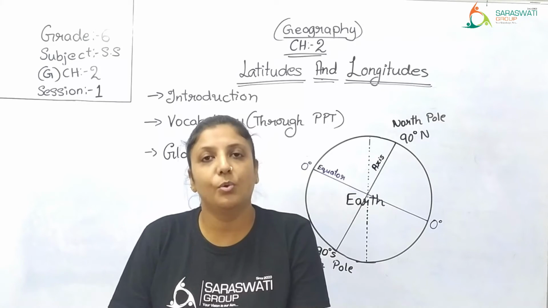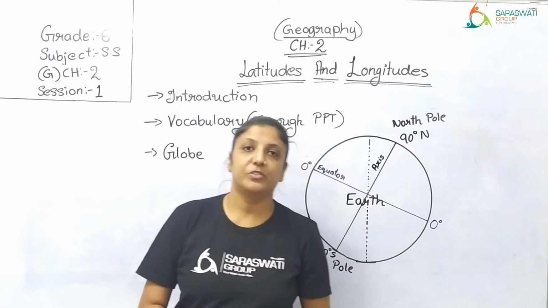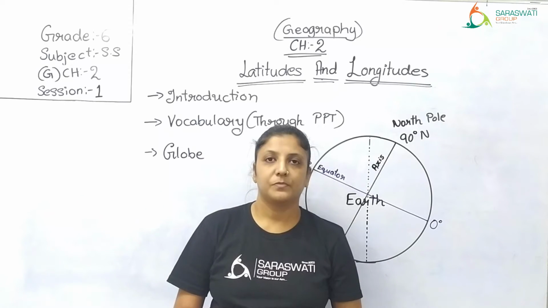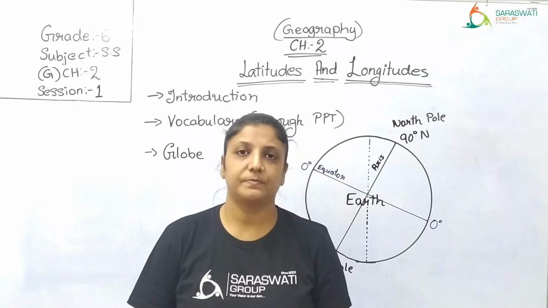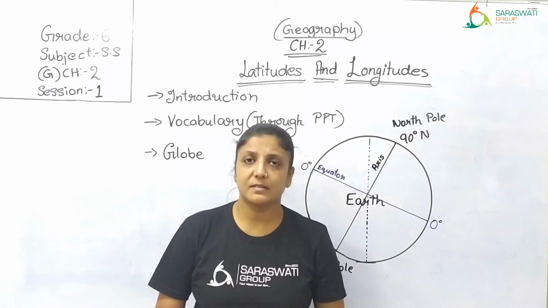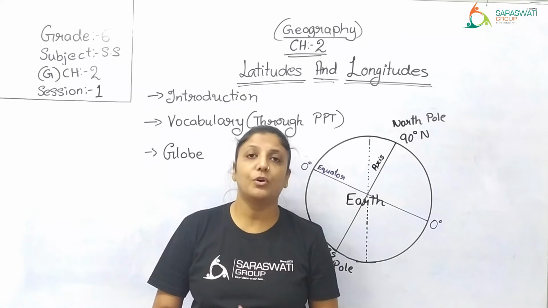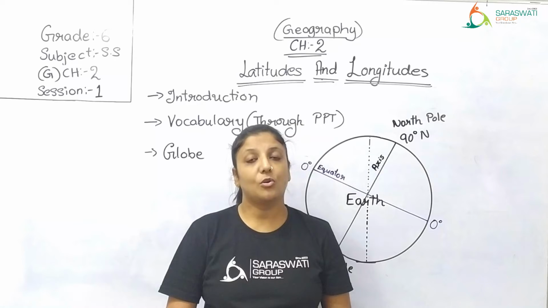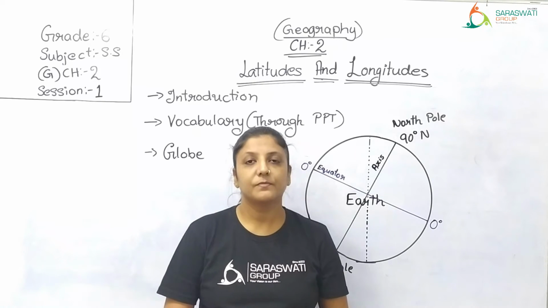You already know that on a map or a globe, there are a few horizontal and vertical lines. These lines are called latitudes and longitudes. These lines will help you to locate a place. Correct? They all have their fixed degrees.